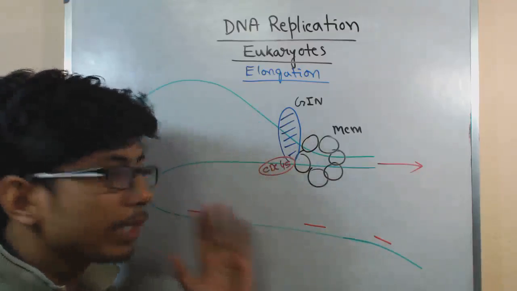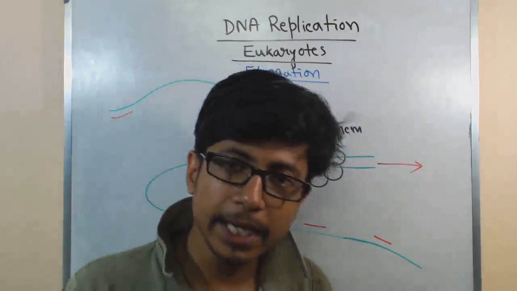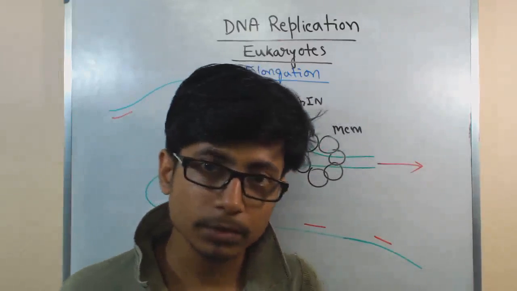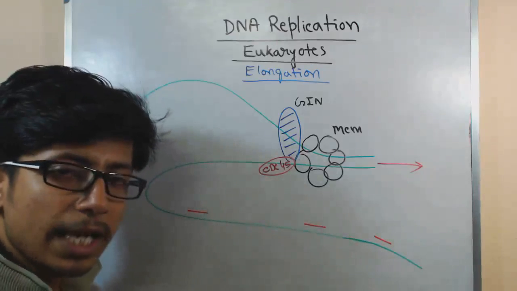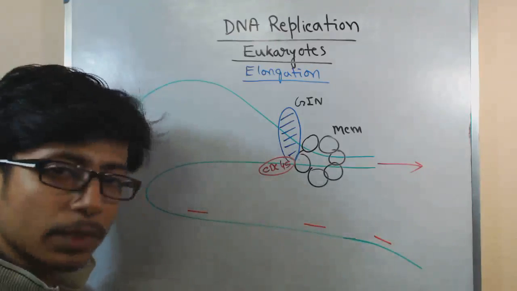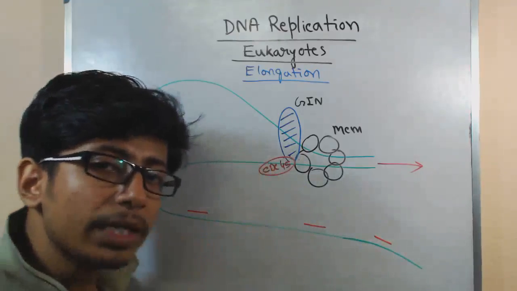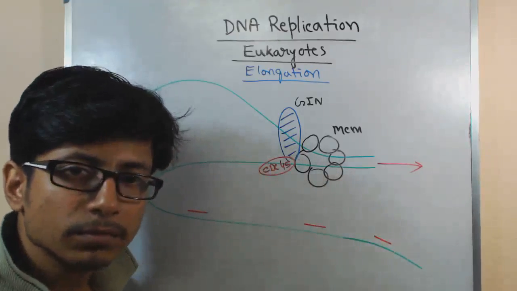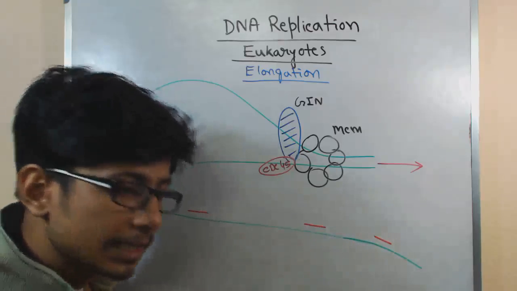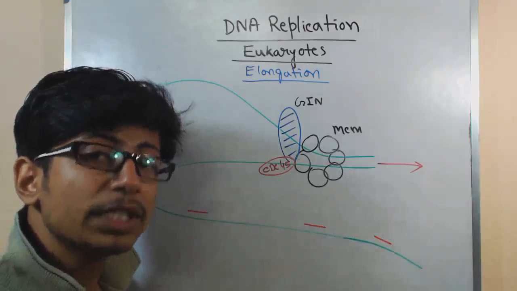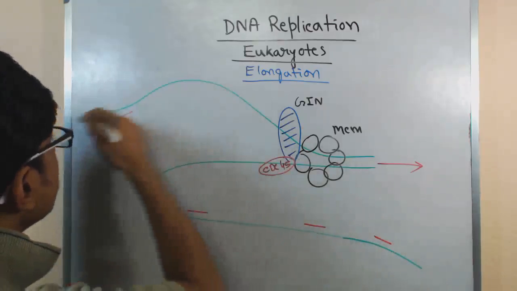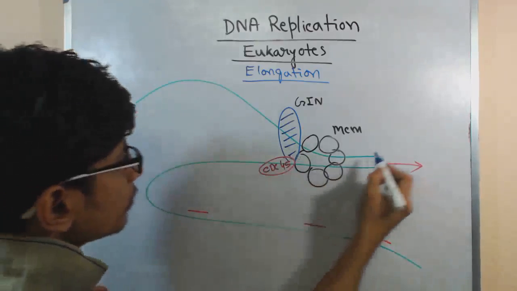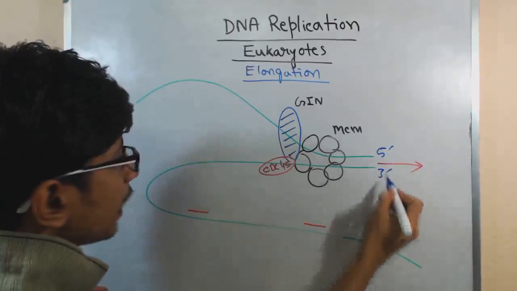So once we have this scenario, there are two different parental strands, and DNA replication should occur simultaneously in both strands. The polymerase can only migrate from 5' to 3'. This is the directionality of a polymerase for the newly synthesized strand. So let's say this parental strand is 3' and this is 5'.